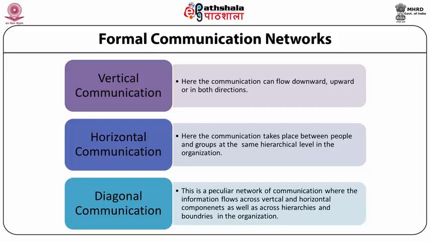While in the horizontal communication, the communication takes place between people and groups at the same hierarchical level in the organization. In the diagonal communication, which is a peculiar network of communication, the information flows across vertical and horizontal components as well as across hierarchies and boundaries in the organization.